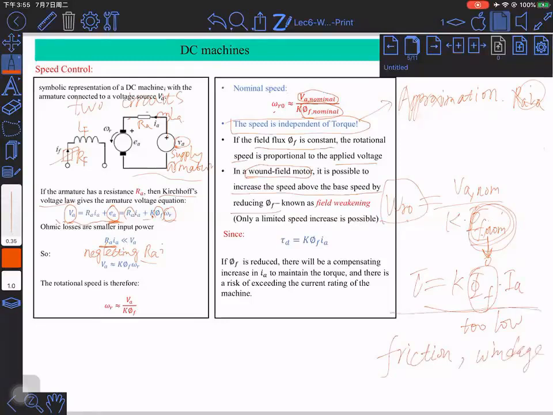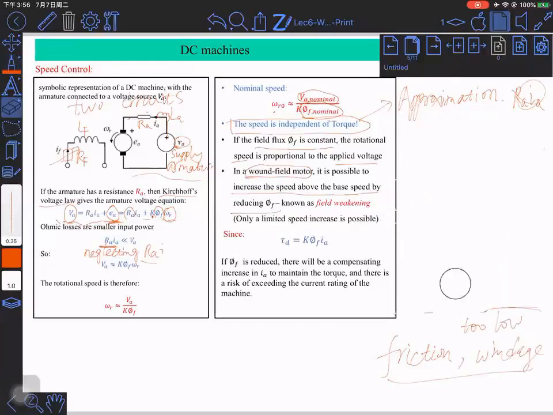If the flux is too low for a high speed, then you have a torque which is too low, and this torque will be lower than the load torque. And eventually what happens is that your machine slows down. So it's also reducing the speed. And therefore, we say that you have only a limited speed increase. Also, as we mentioned, the developed torque relies on both the flux and the current.